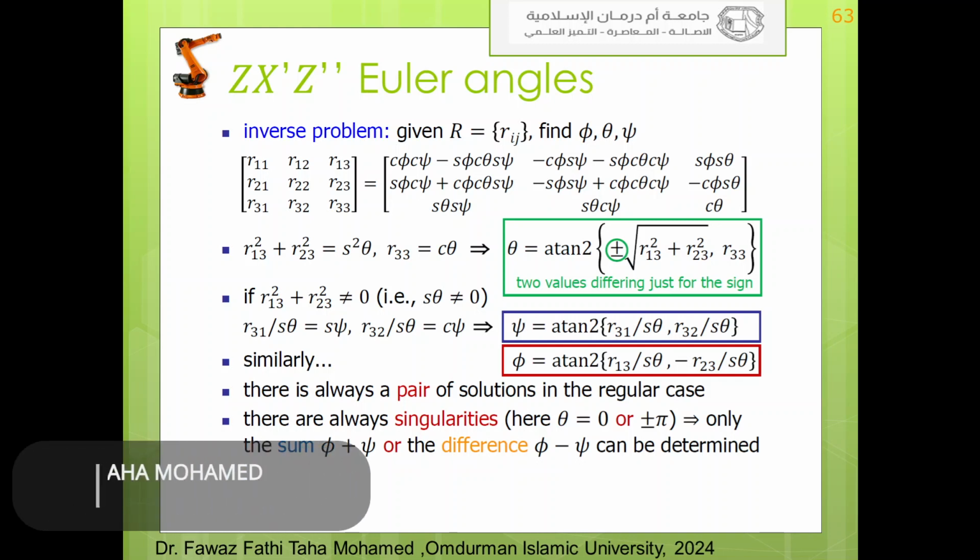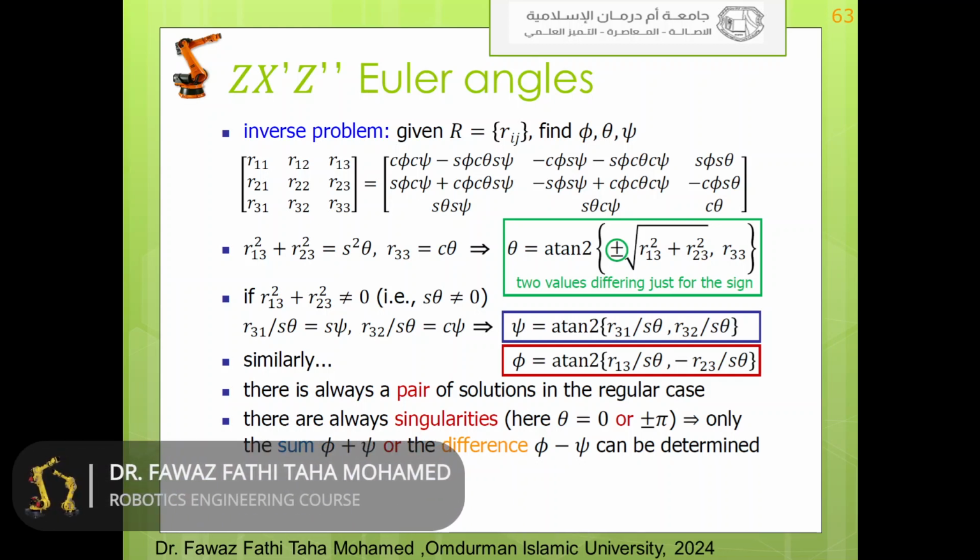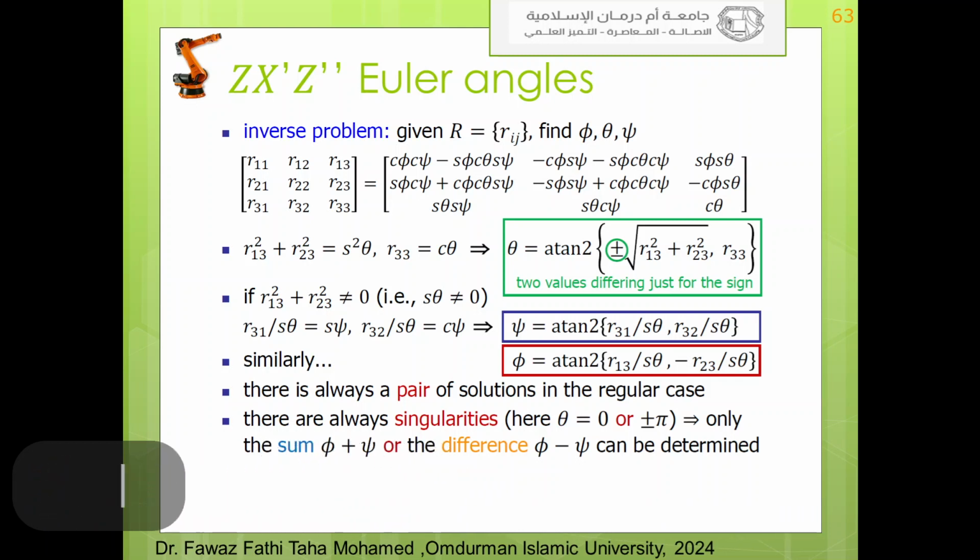If I want to find the exact location of the angle in the x-y frame, from 0 to 360, we have to use this formula.